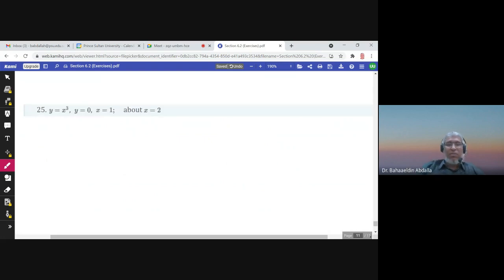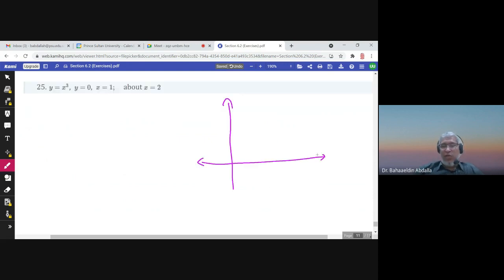Finally, the last question. y equals x cube, y equals 0, this is y equals 0, x equals 1, this is x equals 1. Okay, this is the line x equals 1. So y equals x cube. If x is 0, y is 0. If x is 1, y is 1. So that's the curve.